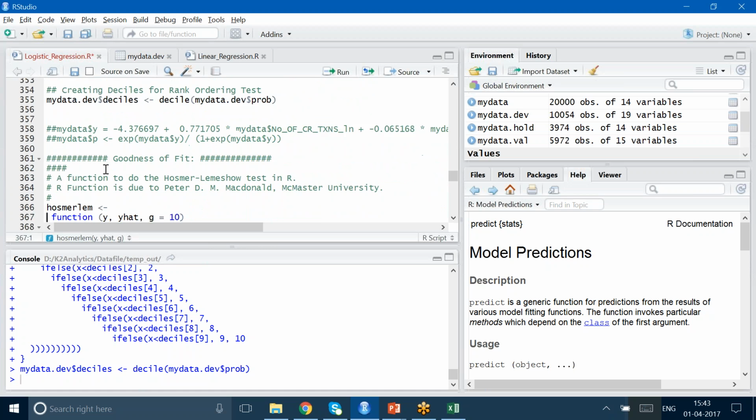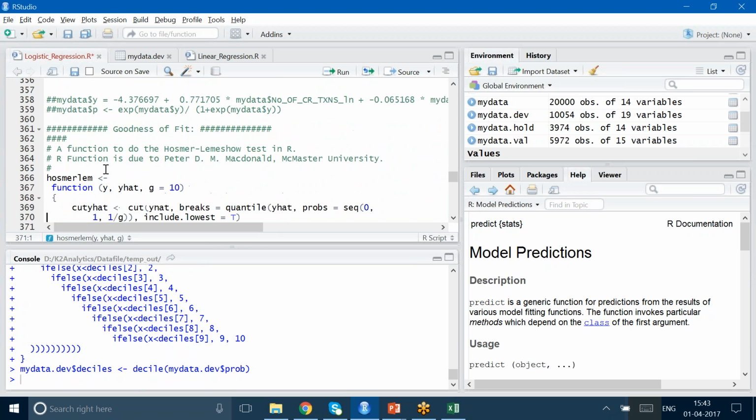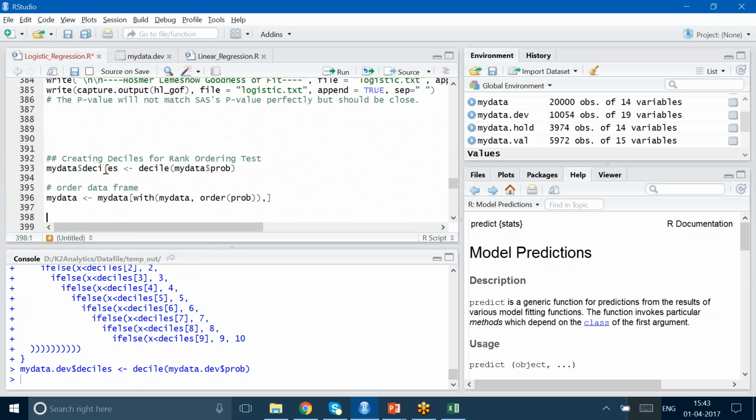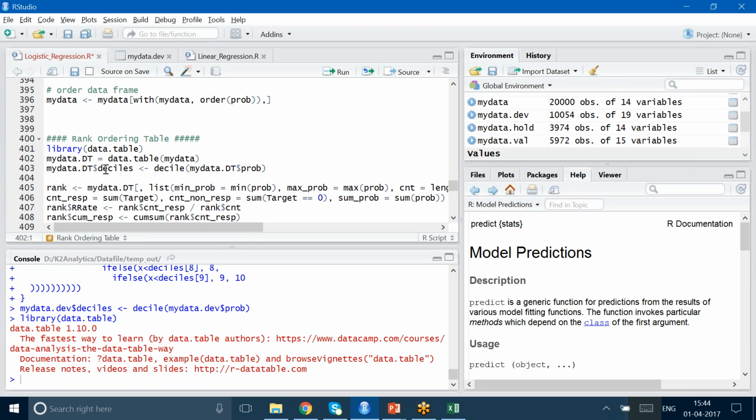Now we have to see how good the model is. So I need to run the rank ordering. This is the entire code of rank ordering. So I require a data table and I'll call this dev. Okay.